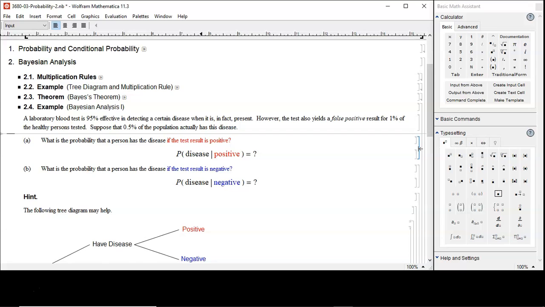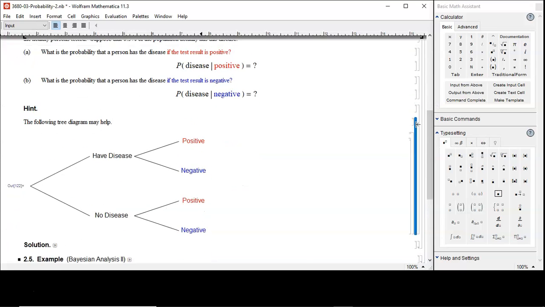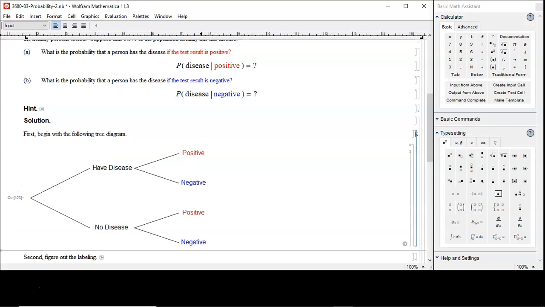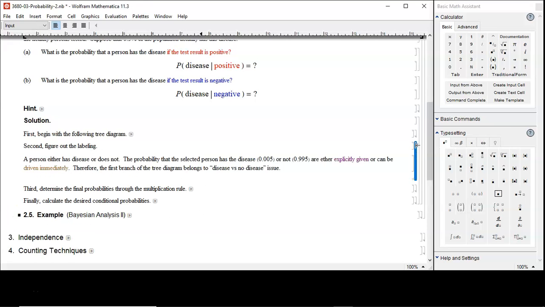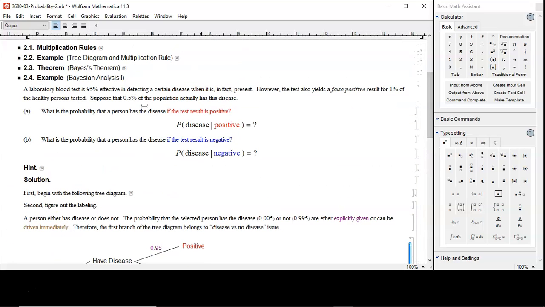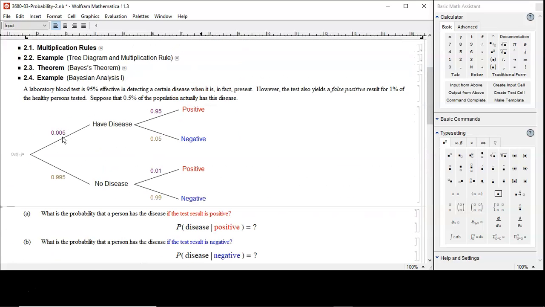And if you fill out all those, you're going to get this. Sorry, this is just the same tree diagram. Okay, this one. Make sense, everybody? Move it over there. 0.005, that's 0.5% here.